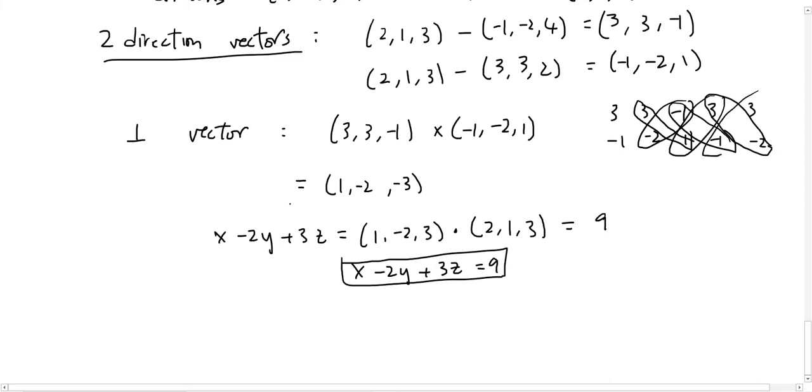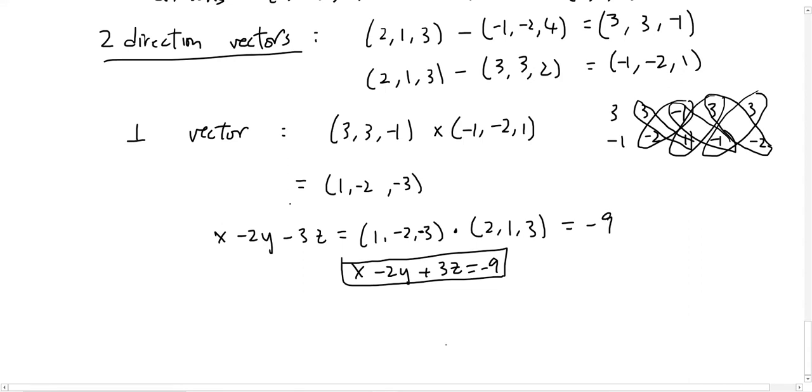Negative 6 minus negative 3, which is negative 6 plus 3, which is negative 3. So my mistake. Let me just fix this right here. We'll put negative, and that will change this number right here. So that number actually becomes negative 9. So therefore equal negative 9.